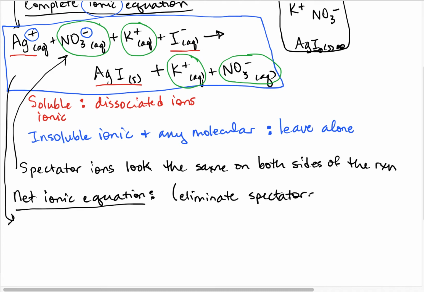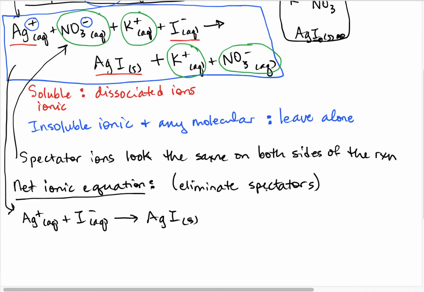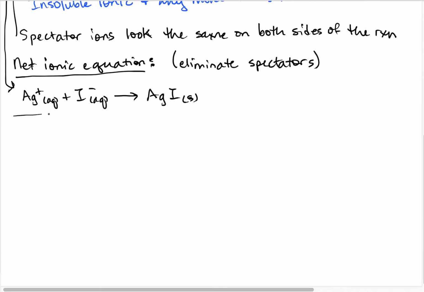Now it's just the active components. So in this case, it would be silver ion plus iodide ion, making silver iodide. And that's all. That is a net ionic equation. So it's pretty straightforward. Writing the complete ionic equation can be a little bit cumbersome, but there's nothing particularly complicated about it. So let's go ahead and practice a couple more times to make sure we've got it.